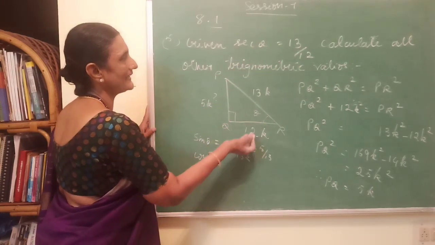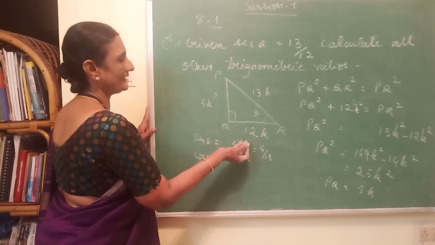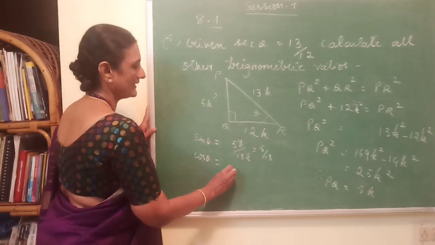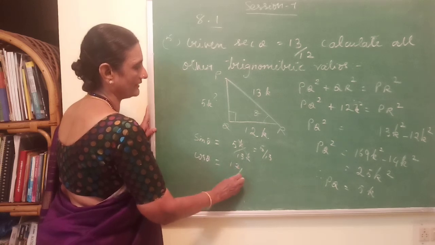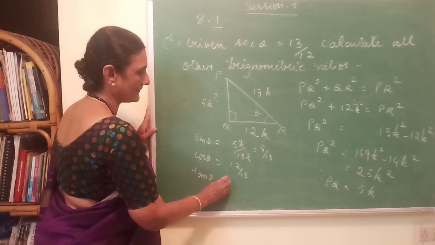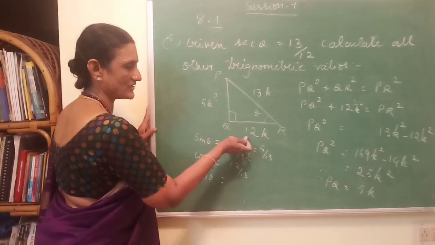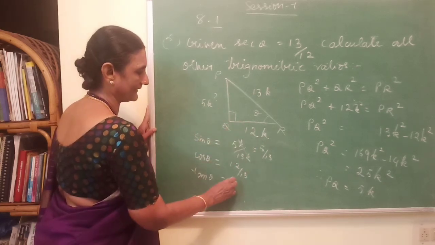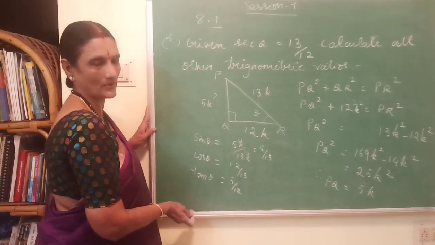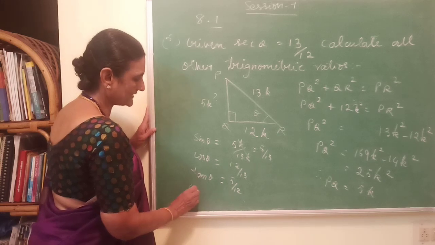But if you go by calculation, it is 12k divided by 13k. So we get the cos theta value as 12 by 13. Then the tan theta value, tell me, it is 5k divided by 12k. Then k and k cancel. 5 by 12. You have to write down from the figure. That's very important.